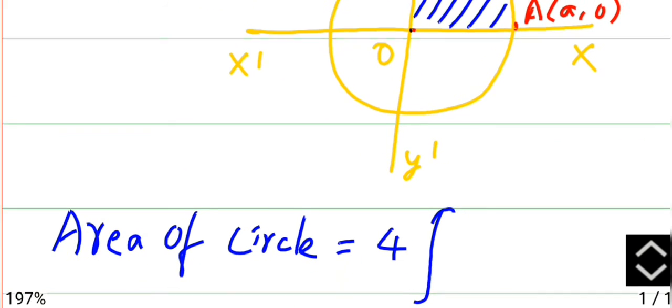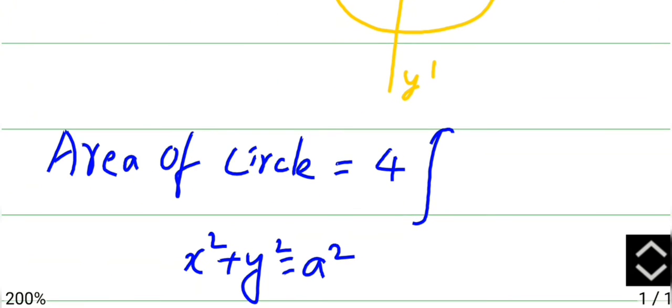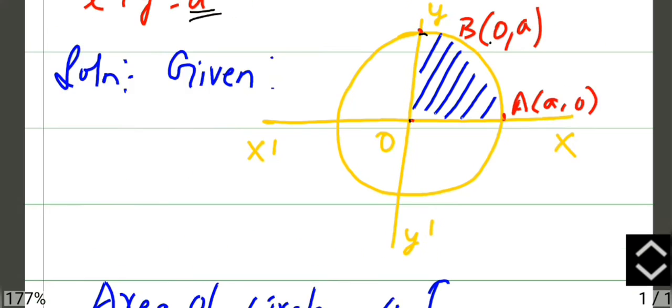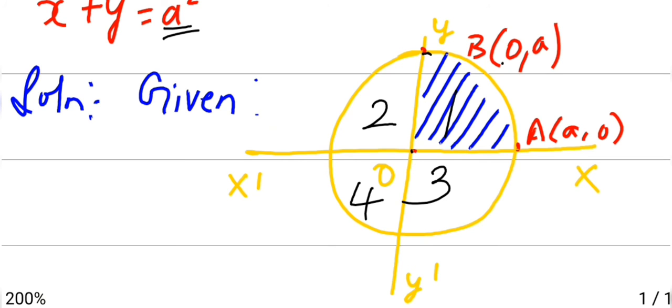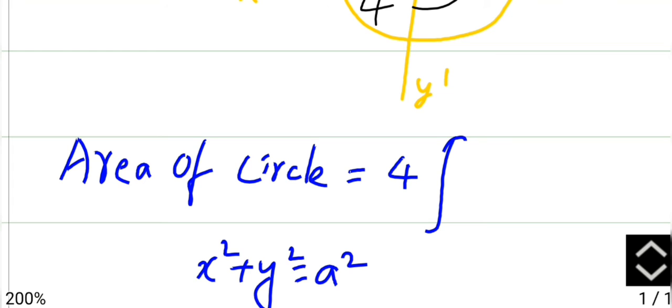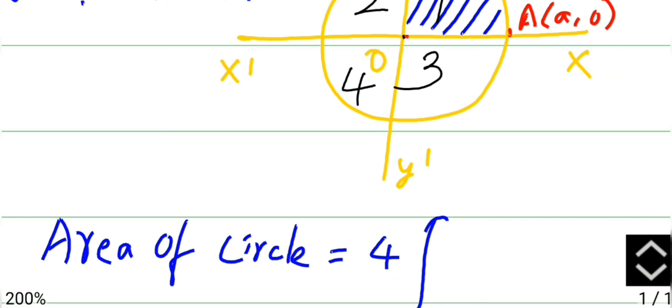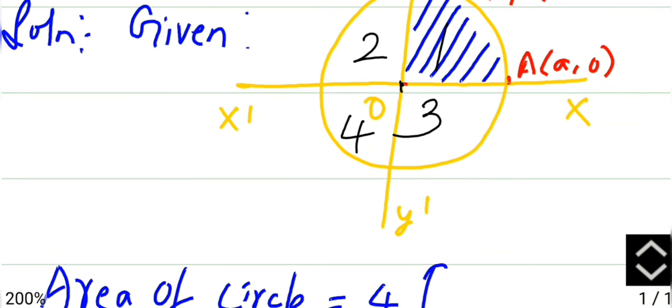Now considering this, we have to find the area of the circle. We can see here the area of the circle has 4 parts, 1, 2, 3, 4. So you have to write 4 times the integral, and then you will take the limits. I am taking x-axis, so it is changing according to x, that is 0 to a.